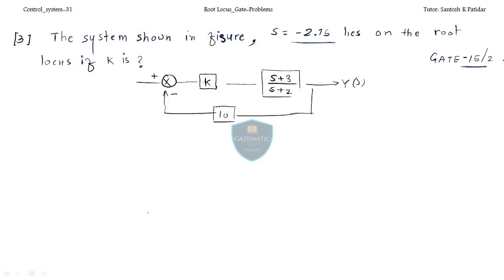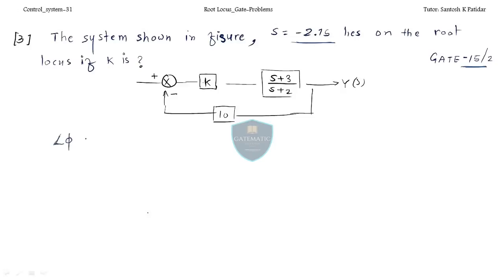Can we expect an easier problem than this? We can't. Hardly will you take 50 seconds to crack this. He's given the point -2.75 and mentions that it lies on the root locus, which means it will definitely satisfy the angle condition.